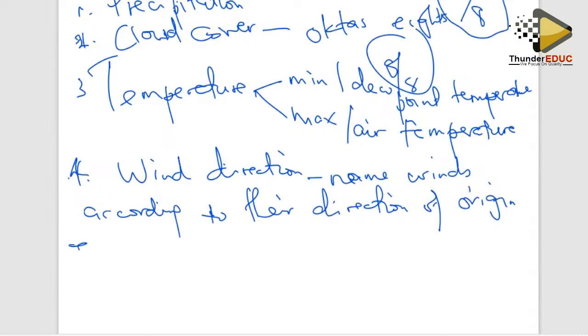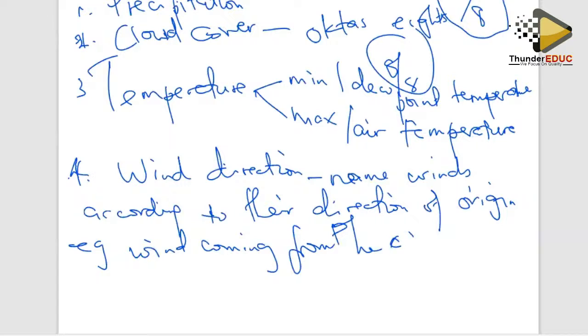For example, winds which are coming from the east, we name them easterlies, for the sake that they come from the east. We name winds according to where they come from.